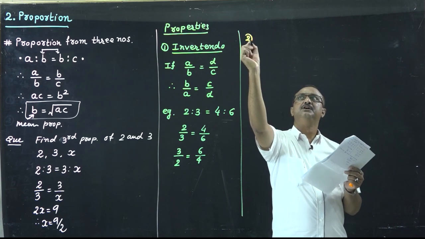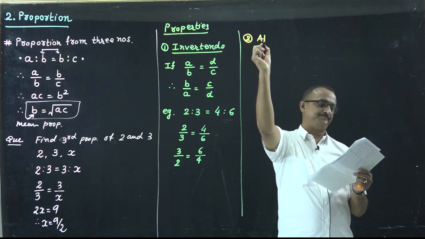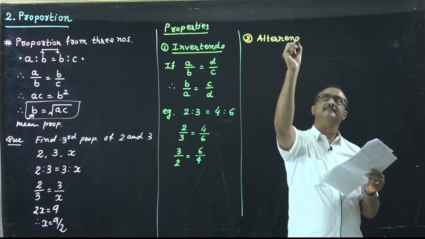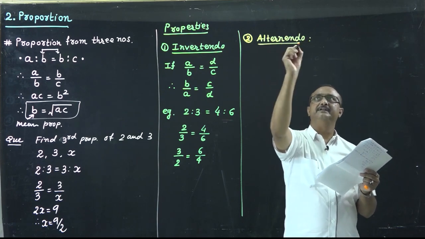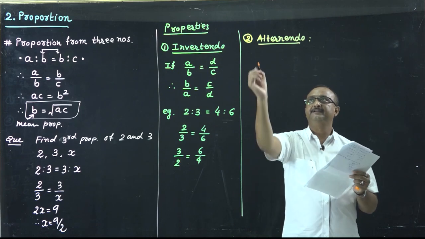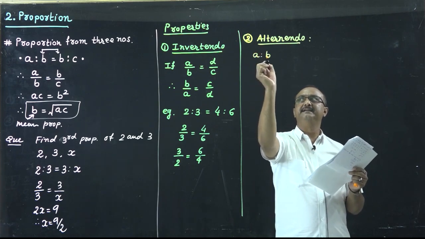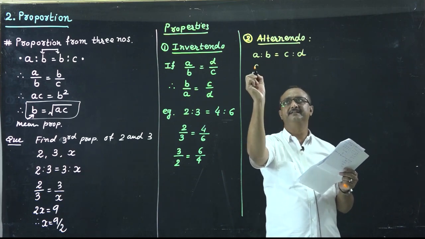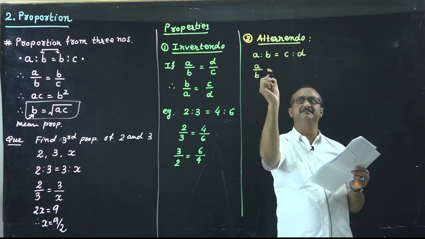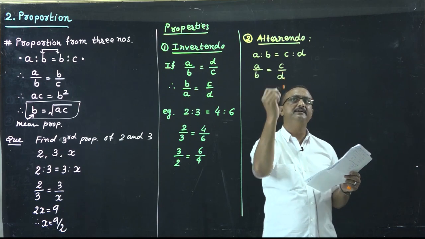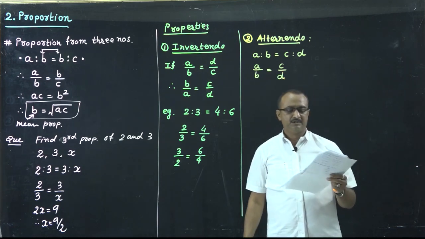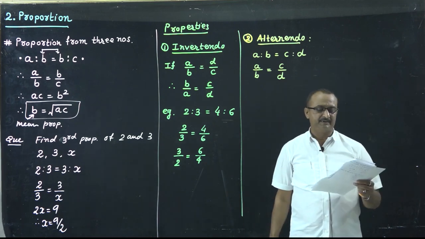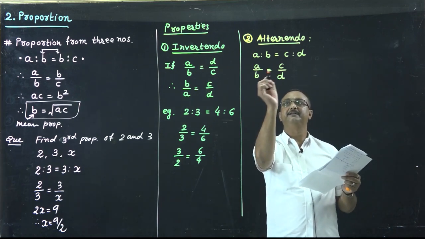Now number 2 is alternando. If A is to B is equal to C is to D is given, so we can write A upon B is equal to C upon D. What is our property alternando?